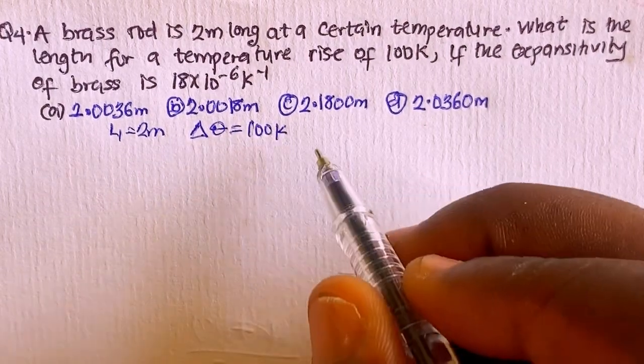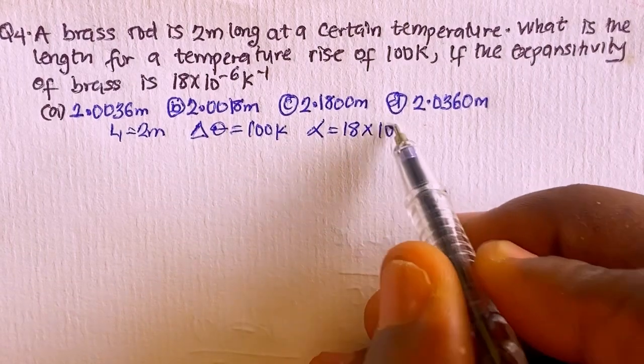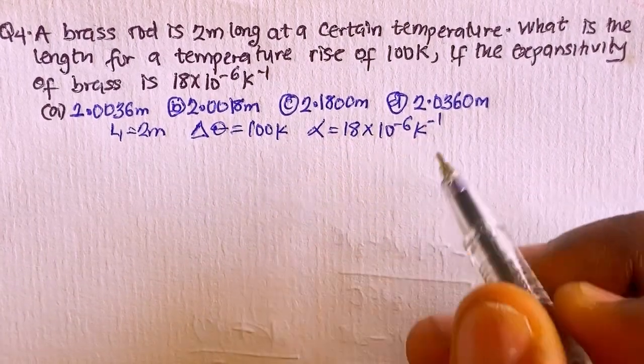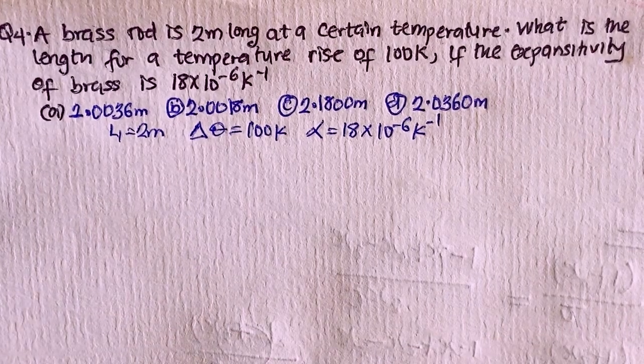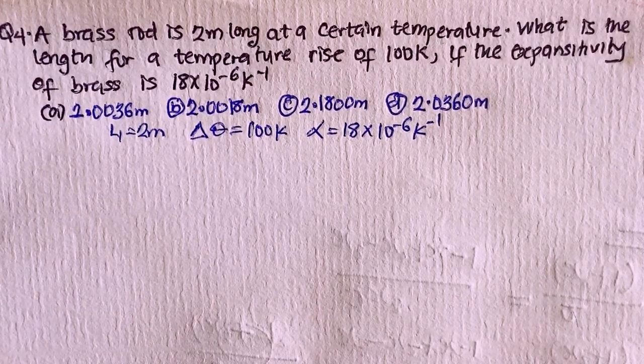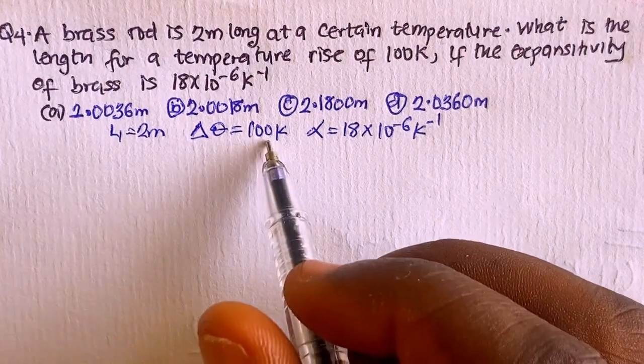So if the expansivity of the brass, alpha, is 18 times 10 raised to power minus 6 Kelvin inverse. So a brass rod of 2 meter long at a certain temperature. Then we are now asked to calculate the new length if the temperature rise is 100 Kelvin.